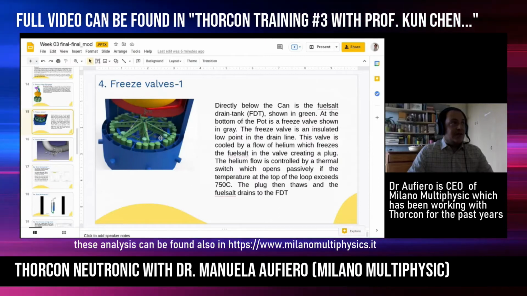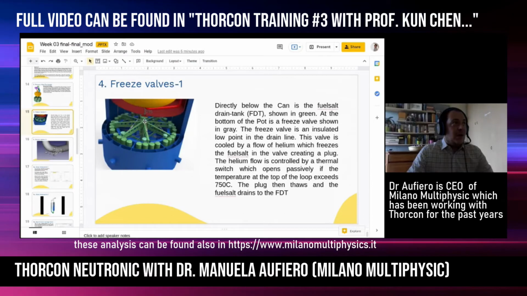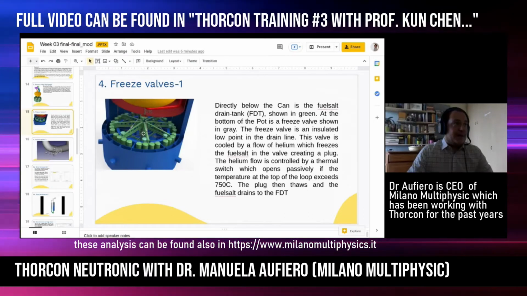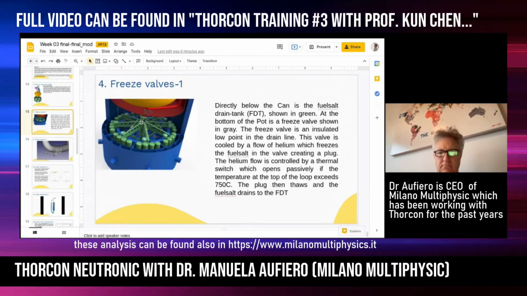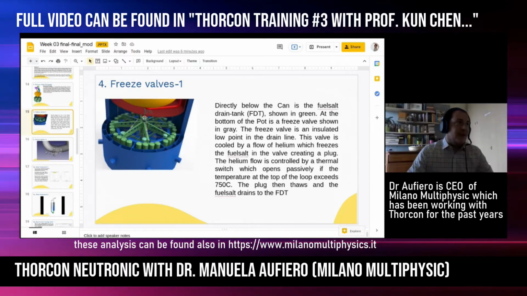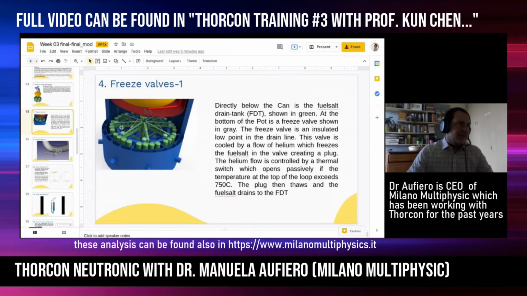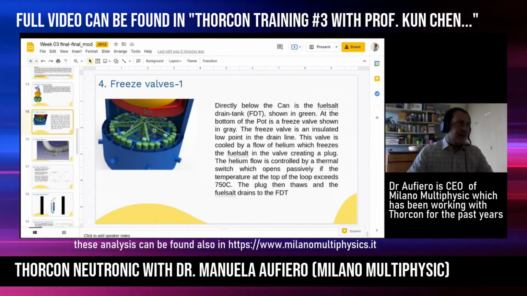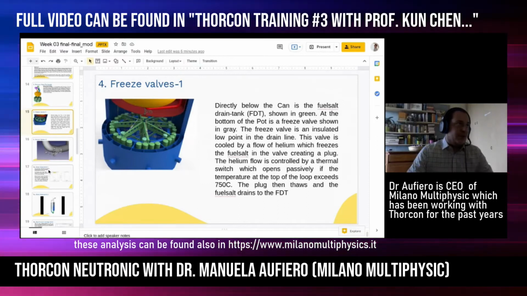The drain tanks are the tanks below here. We are not showing presently in this picture the lines that deliver the flowing salt from the valve outlet to the group of drain tanks. But the drain tanks are the green vertical cylinders partially shown here.